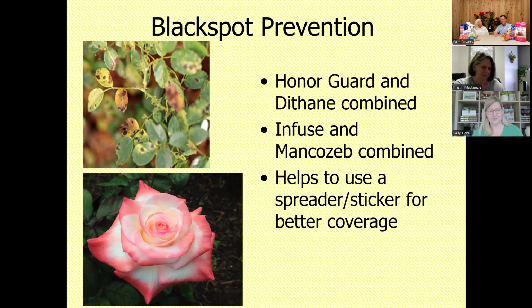So we're talking now at perfect timing. We're stepping into this time, and you are 100% correct. These things are pretty easy to manage as a preventative thing. It's when it gets out of control that it gets a little discouraging. So, black spot prevention. Black spot is a fungus, and it's caused by fungus spores that have germinated.